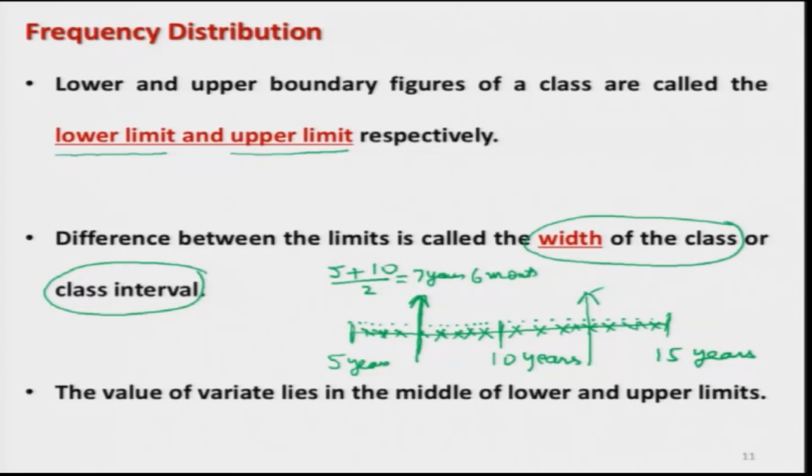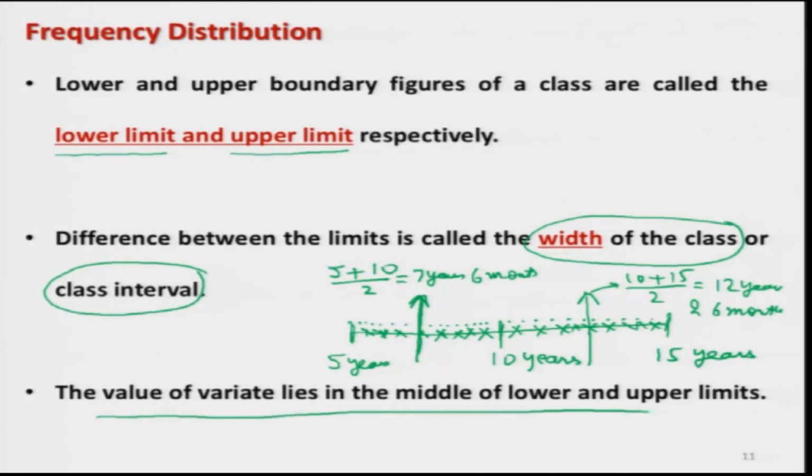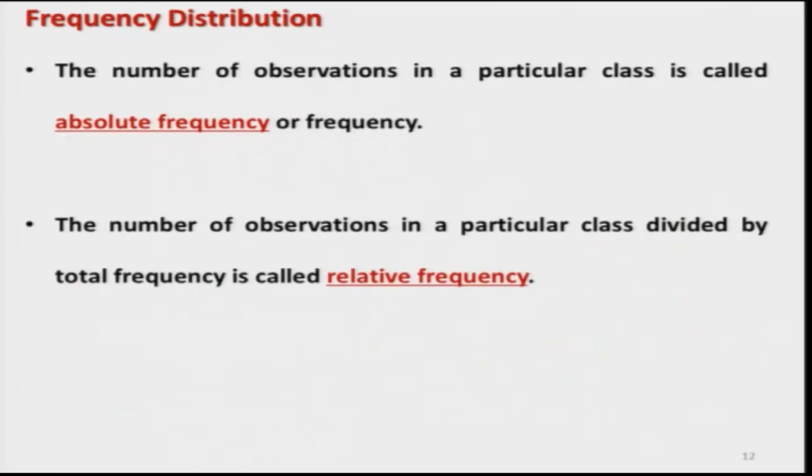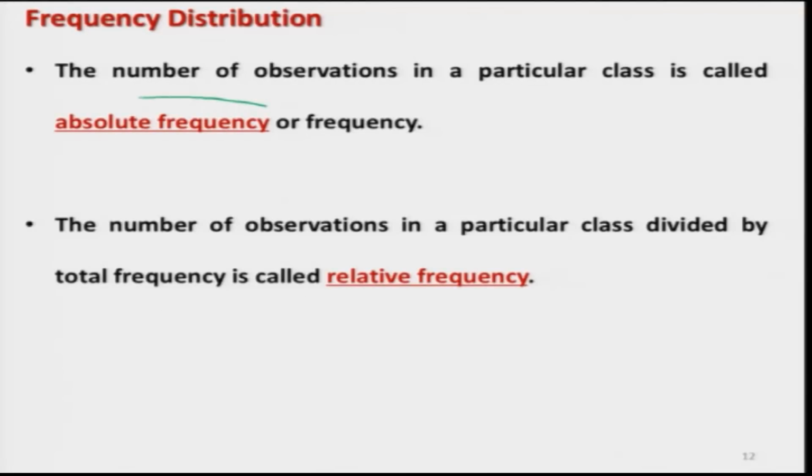And similarly, here the mid value is 10 years plus 15 years divided by 2, which comes out to be 12 years and 6 months. So, this is what we assume, that the value of the variate lies in the middle of the lower and upper limits. And whatever is the number of observations lying inside a particular class is simply called the absolute frequency, or in simple words we also call it frequency.